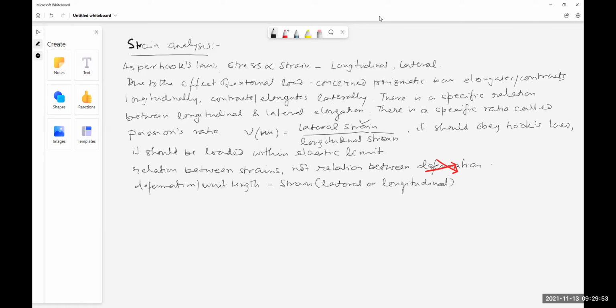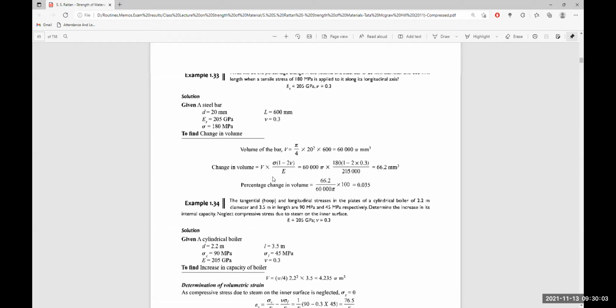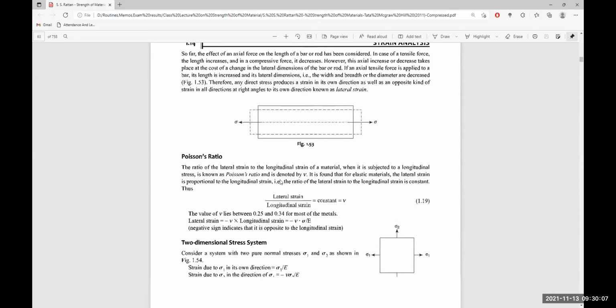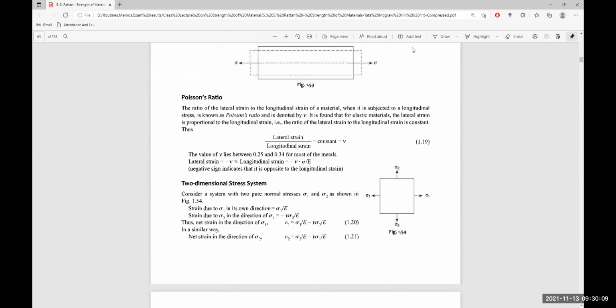Let us go back to the discussion. This was the basics of all this strain analysis. What we have seen here, this is the relation just I have told you.